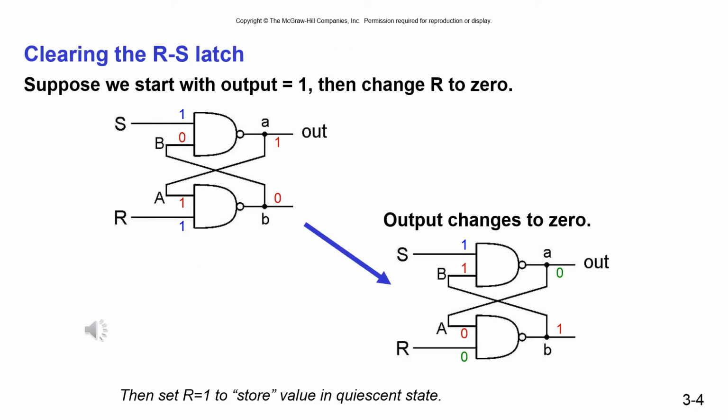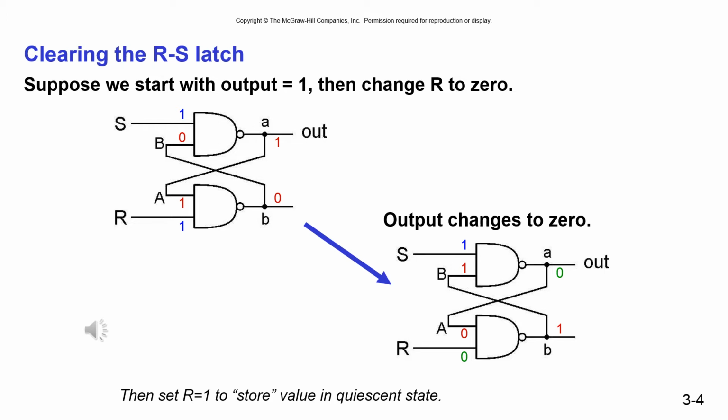So here I'm going to walk you through a change in state. We're going to move from one state to the next. We're going to start out with a 1 on the output. You can see that 1 is backfed to A, and we have 1 and 1, and we have the output B backfed to the first NAND gate.